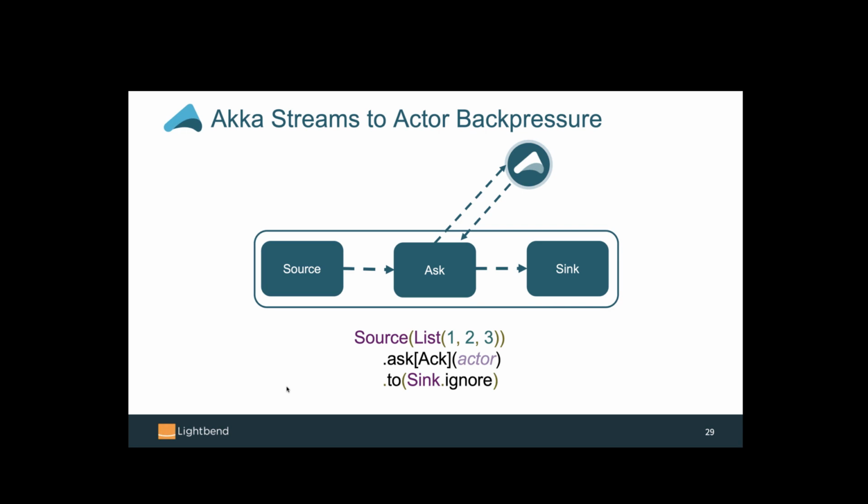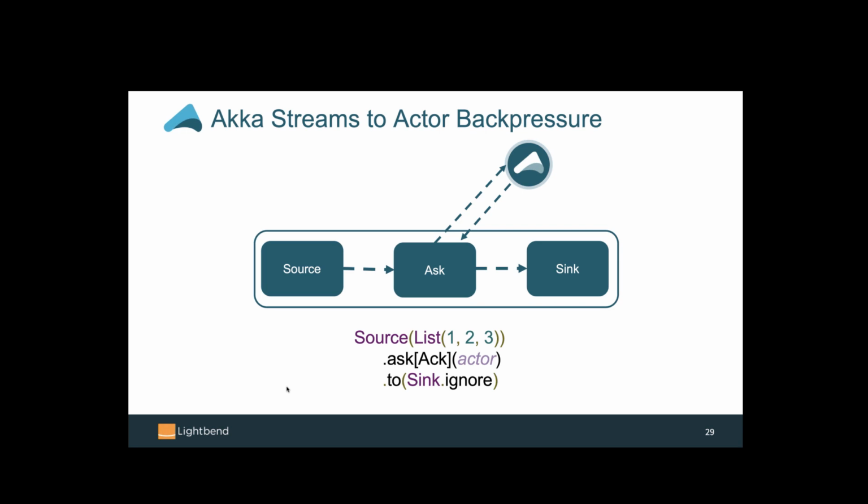And then you can tell Akka streams how you want it to handle those failures. So potentially you could say, I want this ask to happen 3 times, and if it fails all 3 times, then I'm going to forward the message into some sort of error queue or do some sort of handling on it.